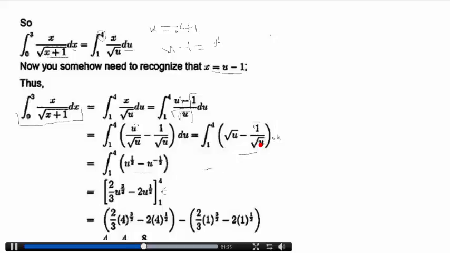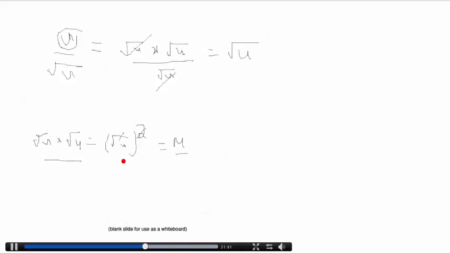In this case it's root u, so u to the power half. And now we have 1 upon root u.